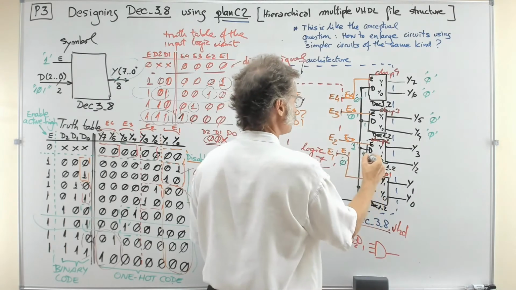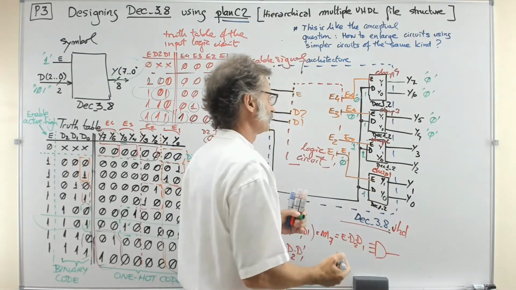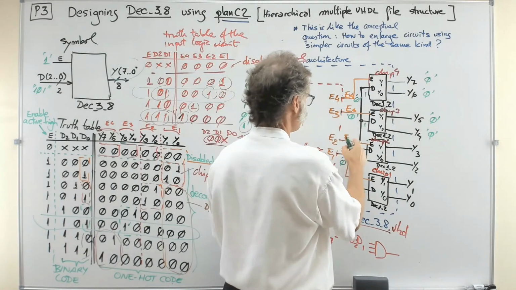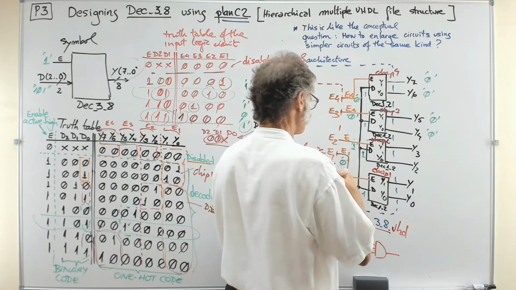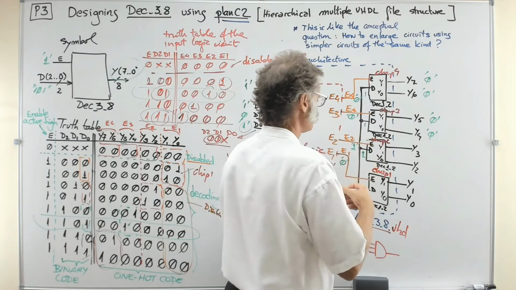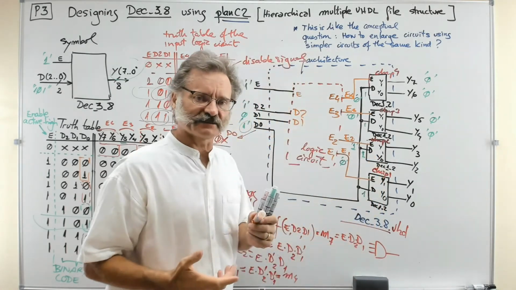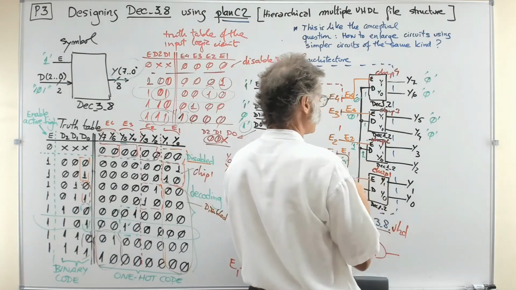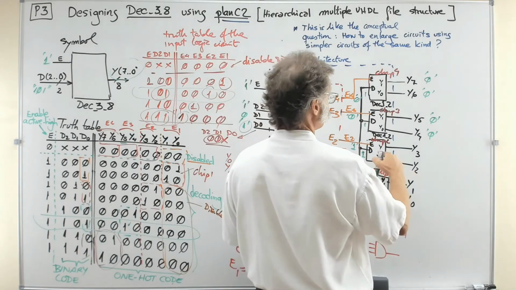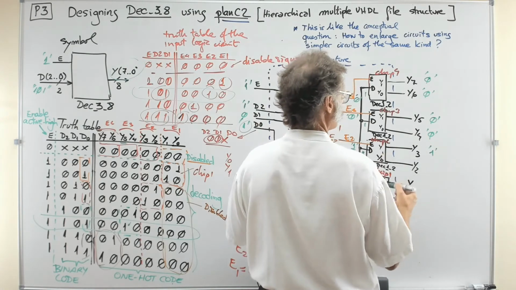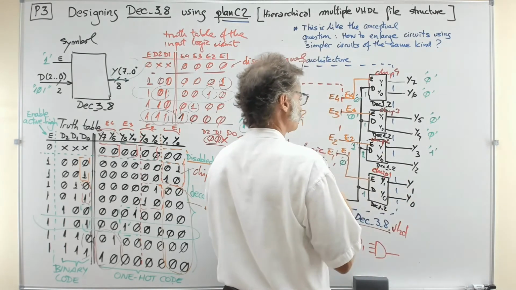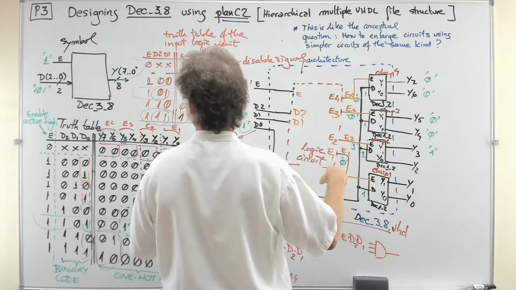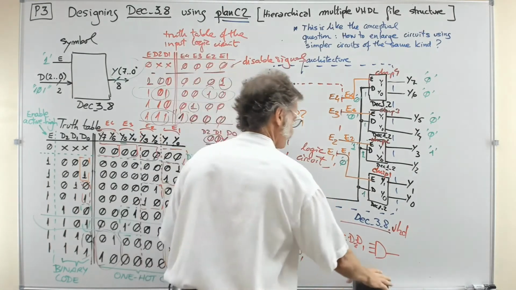But here you have a 1 in the data, and then you have a 1 in the enable 2, right? Very well. If you have a 1 in the enable 2, that circuit is going to be active, working, decoding, and this means that because you have a 1, you have a 1 in the Y1, and then you have a 0.